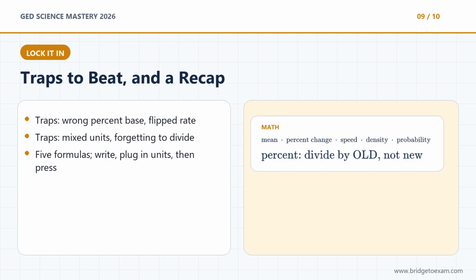Reporting the sum of your trials as if it were the average. Don't forget to divide. And 5. Dropping units. The recap: 5 formulas: mean, percent change, speed, density, probability. Write the formula, plug in with units, then press. That is the whole toolkit.